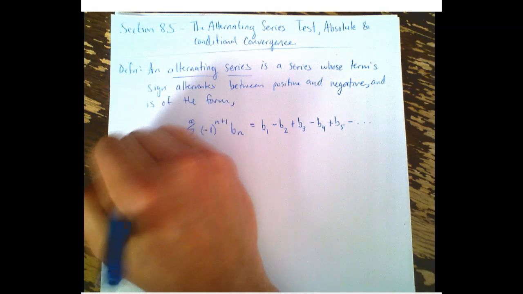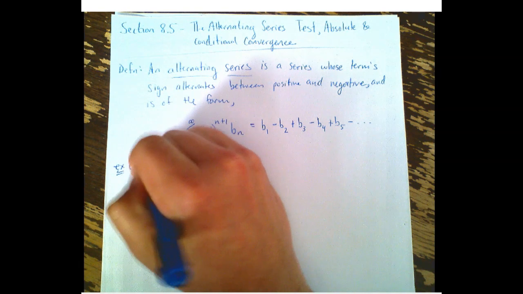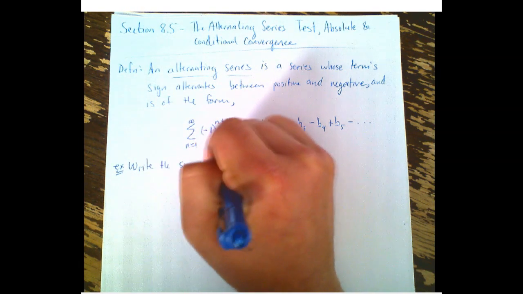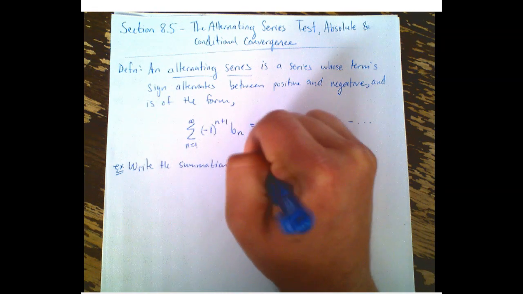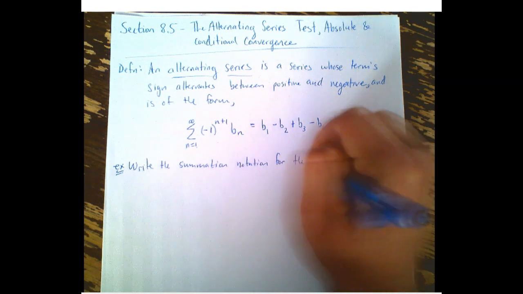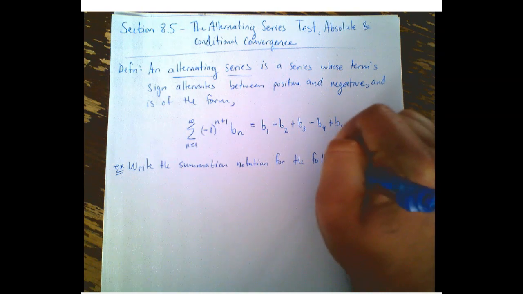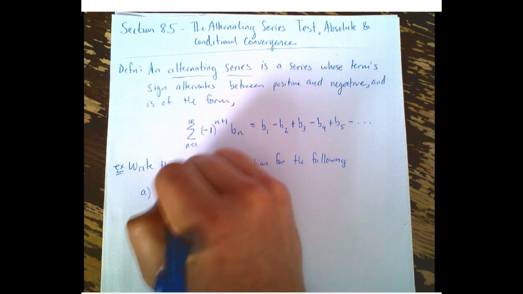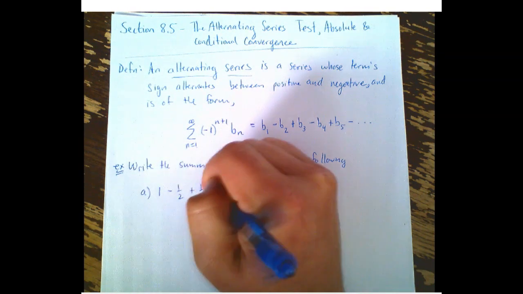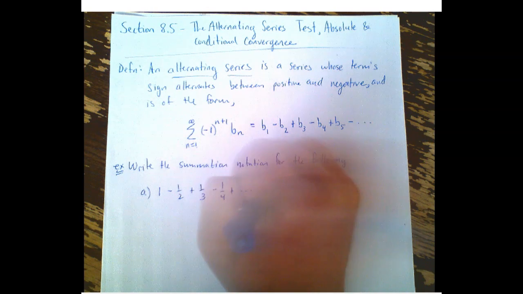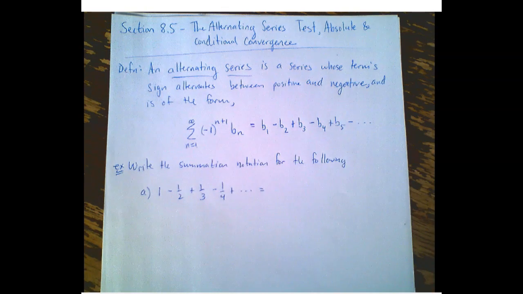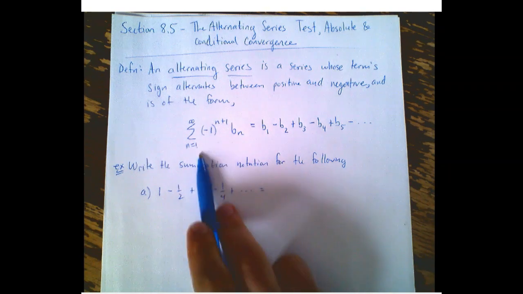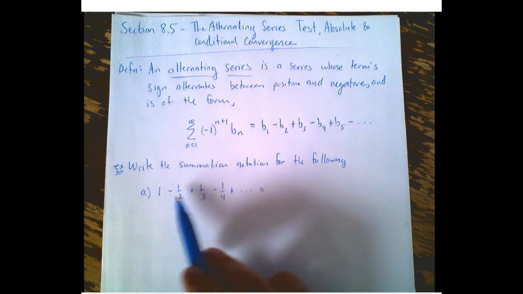So let's start with an example. Write the following in summation notation. A is 1 minus a half plus a third minus a fourth and so forth. If we take a look at these terms, we want to try to write this in sigma notation.